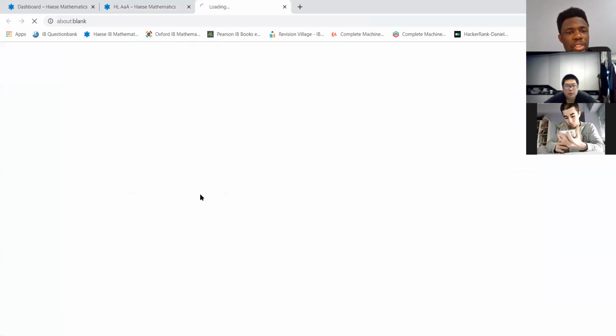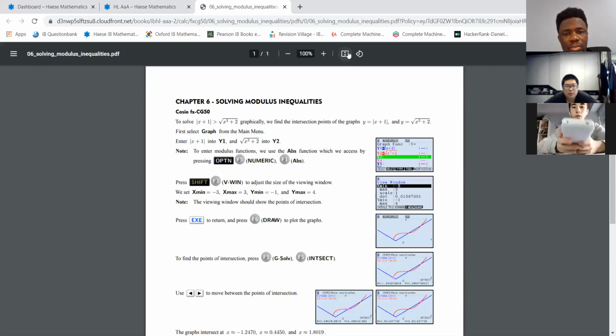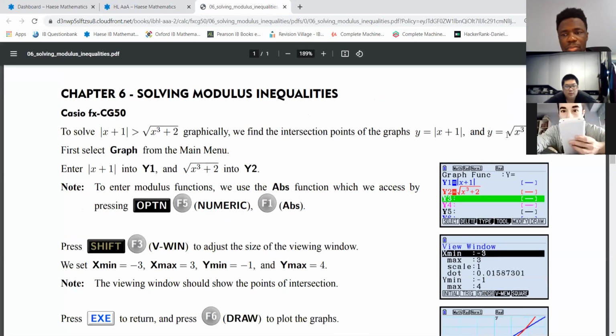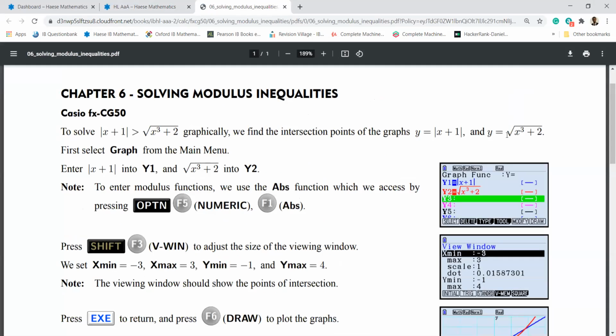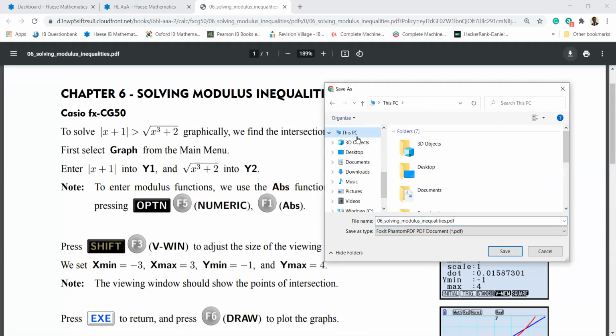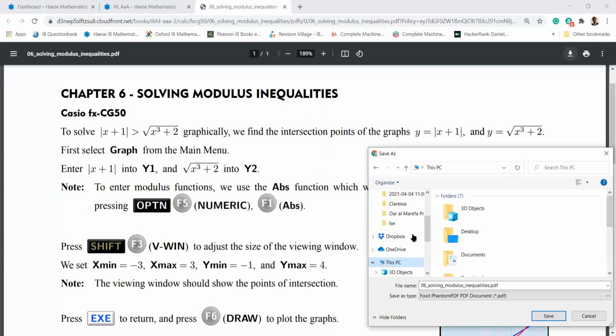I will also save this and send it to you. Can you still see the screen? Yeah. Okay.